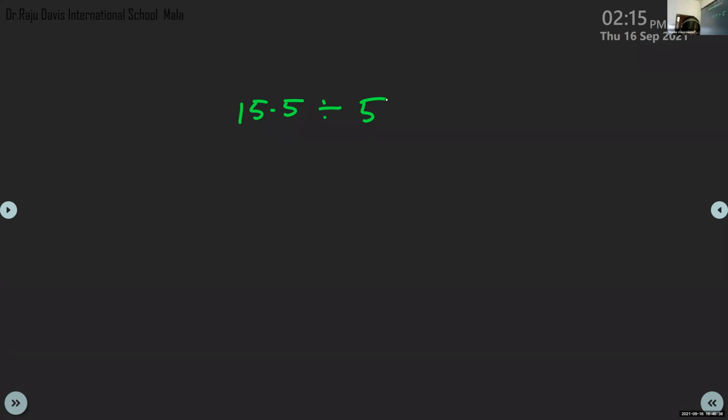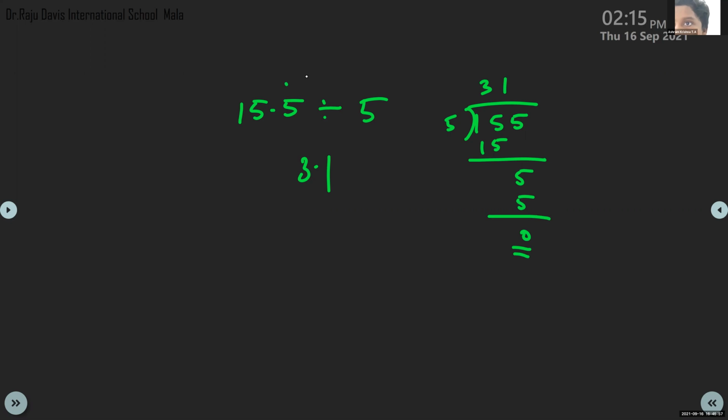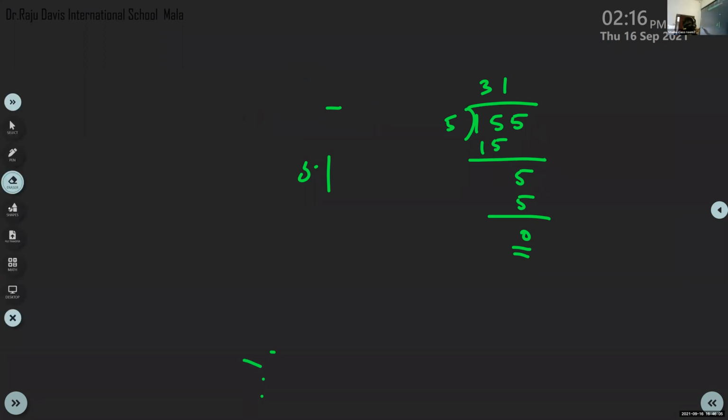Anybody can answer it? 3.5? 3.1. 155 divided by 5. 5 threes are 15. Then 5. 5 how many times? 1 time. So 31 you will get, with the decimal point in the middle. Children, is this clear to you? It's very clear, ma'am. All of you? Okay. I hope this is clear.